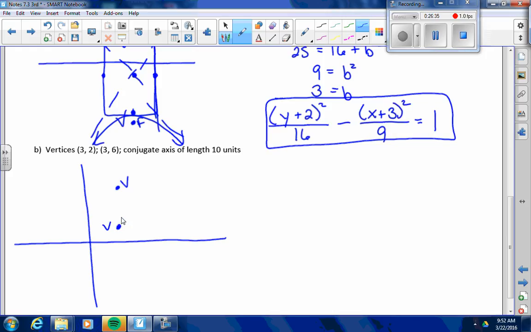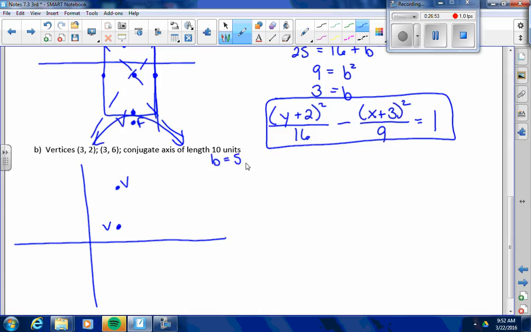And we have a conjugate axis of a length of 10 units. So if the total length of the conjugate axis is 10, what value is that really giving us? What's half of 10? 5. B then is 5 units long.